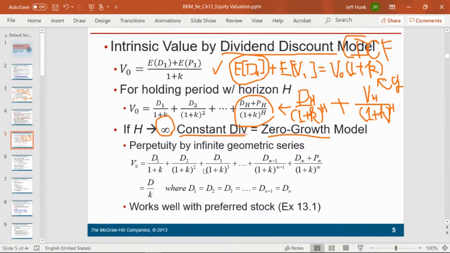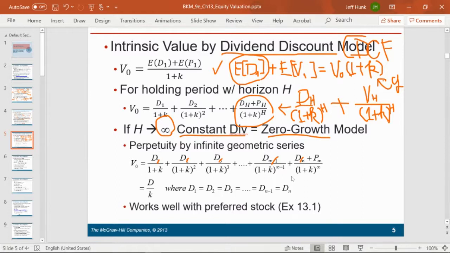Now, here's the thing. If it is a perpetuity, there's no distinction between dividend 1, dividend 2, dividend 3, they are all the same, right?